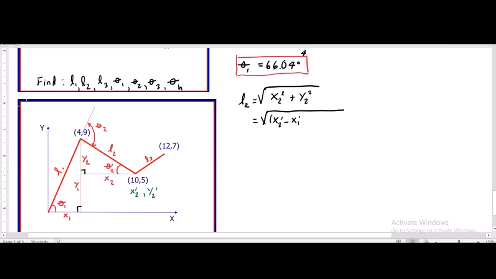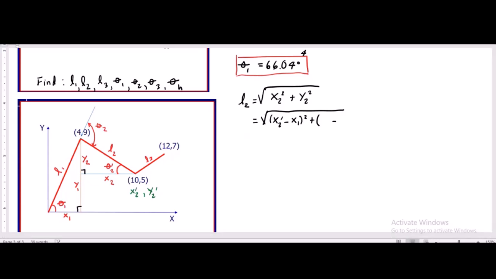Plus y2 prime minus y2 prime, this y2 prime. So y2 prime is from here going down here. In order to get y2, subtract y1 from the y2 prime. So this is correct. Let's correct this.